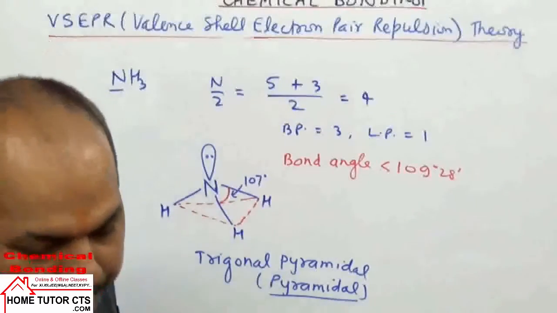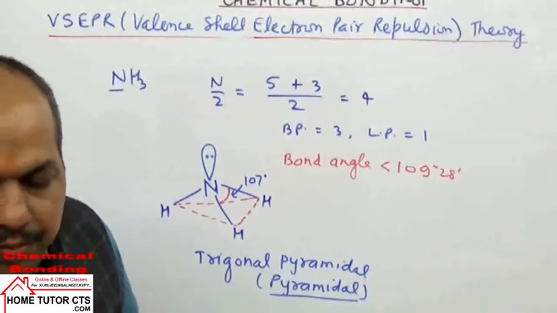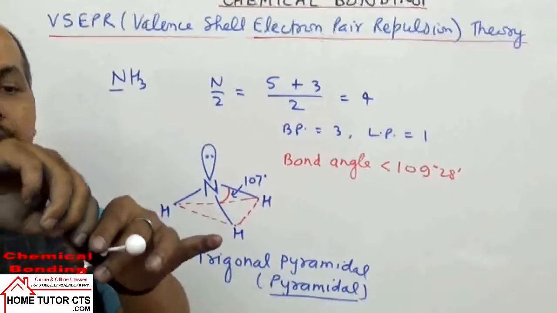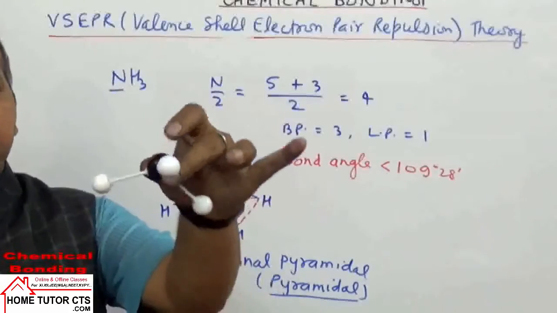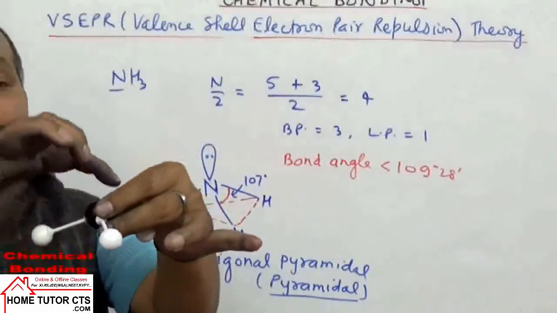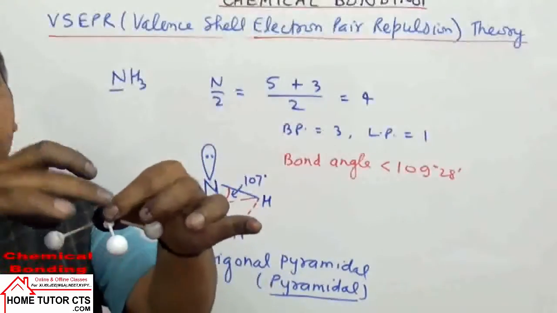So if you take an example here, it was taken as the CCl4 molecule. Now if I remove one chlorine, what remains? The remaining becomes ammonia. It has got one lone pair, and this lone pair repels the bonds more.